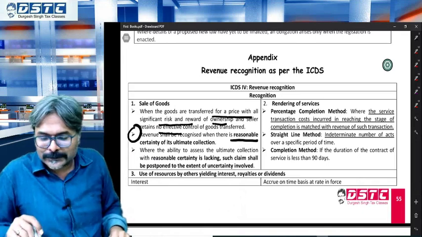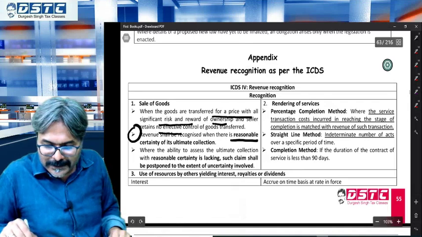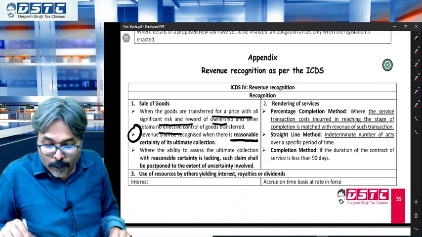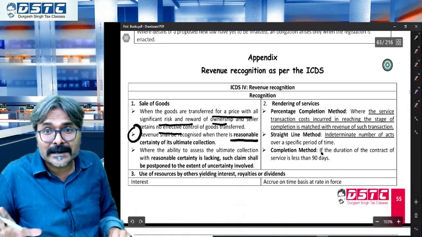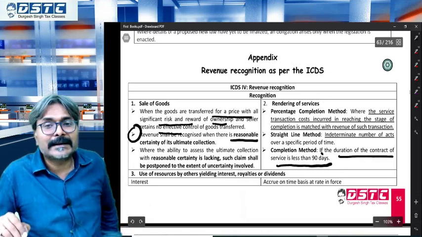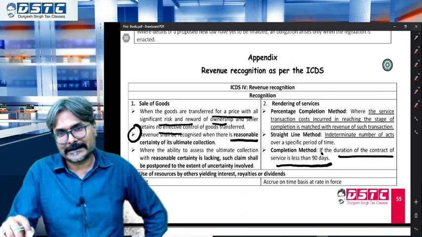For the service, students, this is the point. And what they say is, the completion method is what you have to take into account only if the completion method is allowed, but only if the duration of the contract of service is less than 90 days.